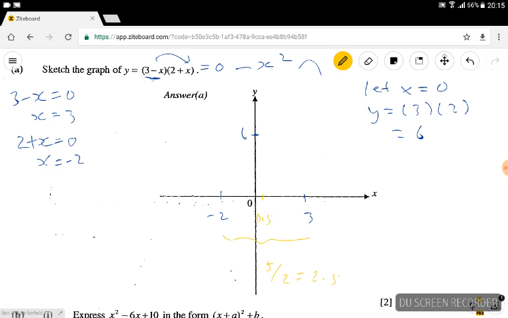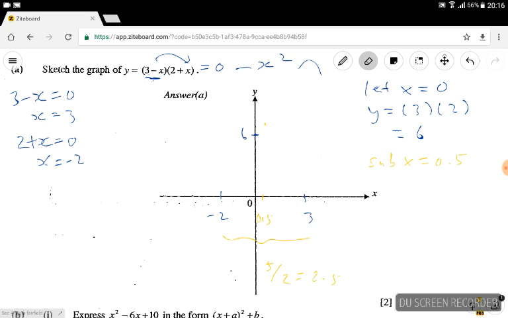So if you want to find the maximum point, somewhere at the top, you can substitute x equals 0.5. What is your y value when x equals 0.5? Computer hang.